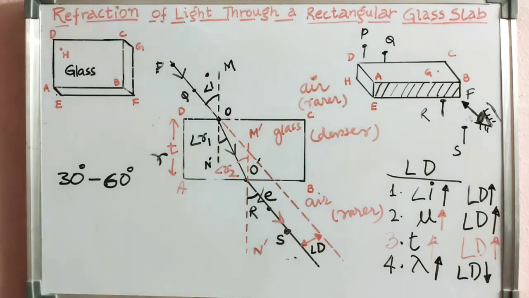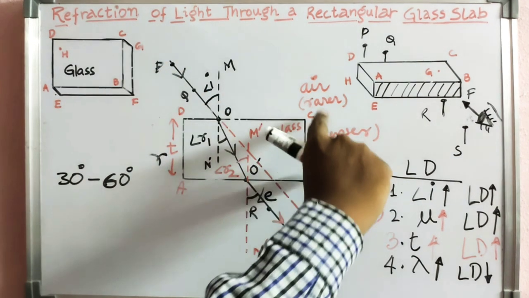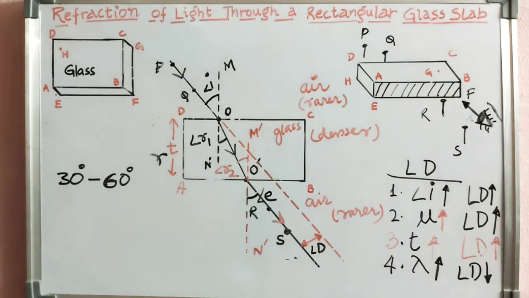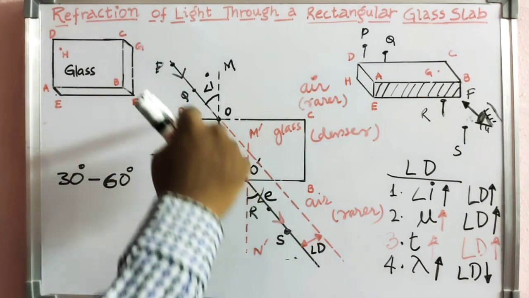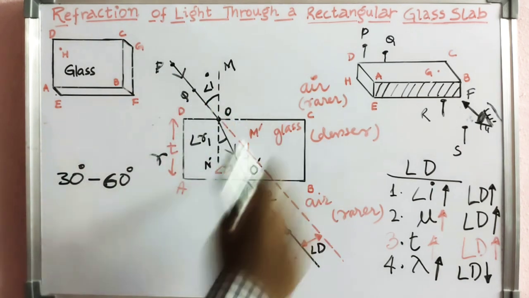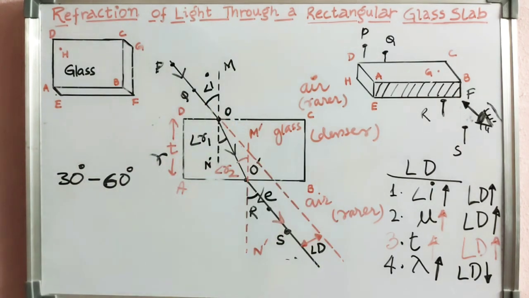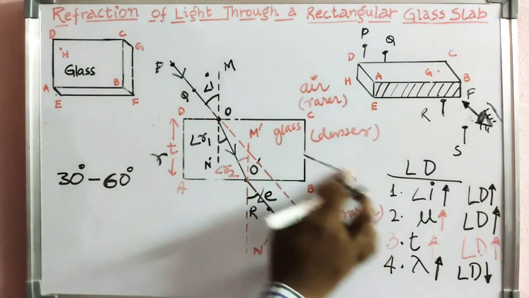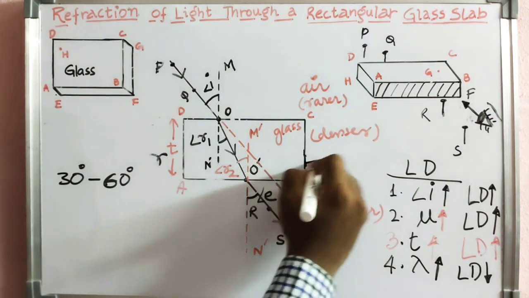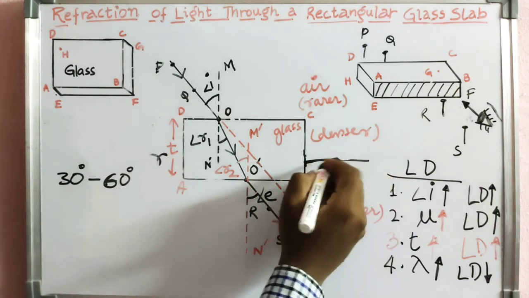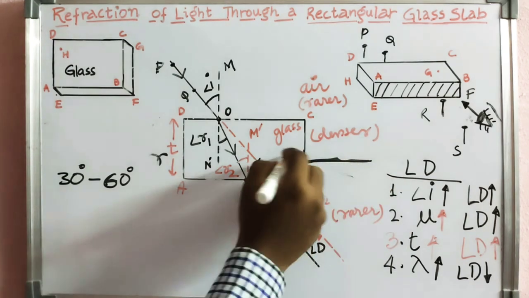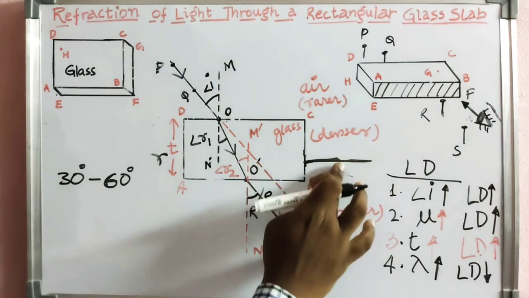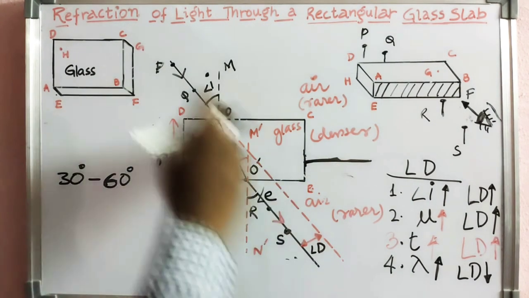If I take more angle, there's a fair chance that you will find the emergent ray from here, making some absurd angle. So the emergent ray will not be parallel to the incident ray.